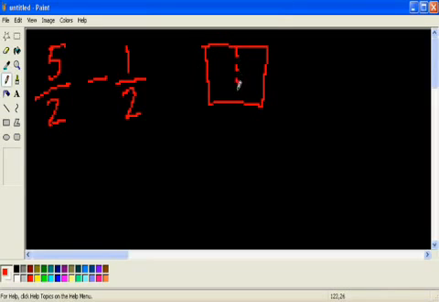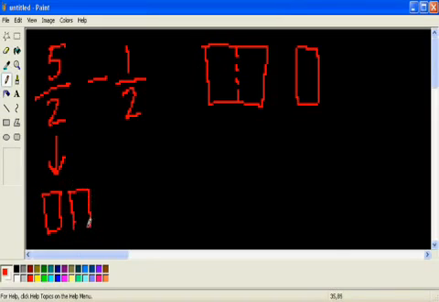So basically, for 5 halves, what this problem means is I'm just going to draw 5 halves. There's one half, there's another half, there's another half, and there's my fourth one, and here's my fifth one. Okay? Now I have 5 halves. But I'm going to subtract a half.